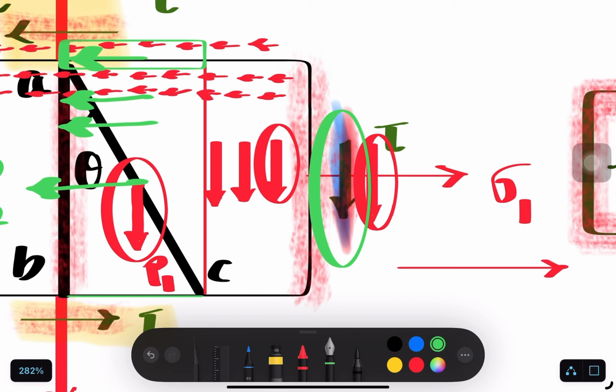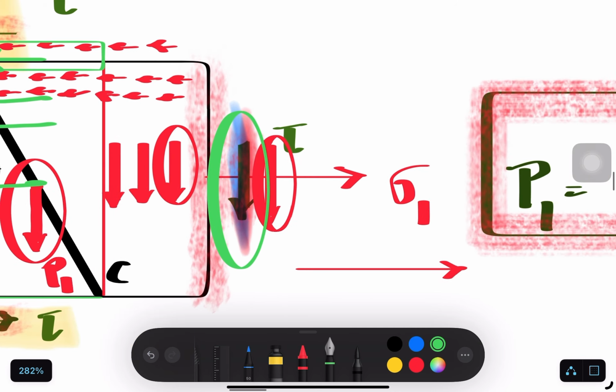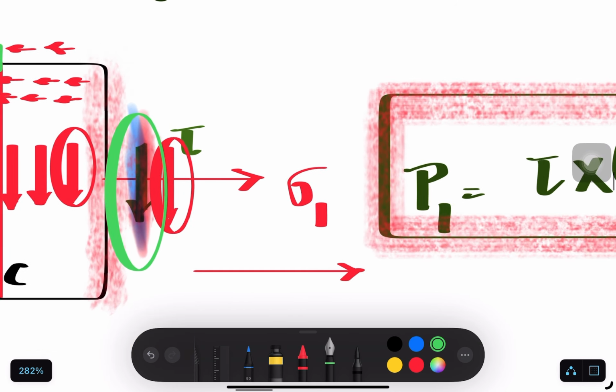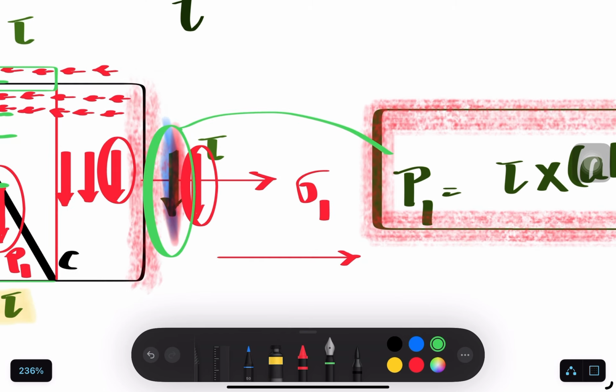Now, how do you find the load? That's very simple. Stress is load by area, so load should be equal to stress into area. So load P1 is equal to stress, which is tau, into the area over which the stress is distributed.